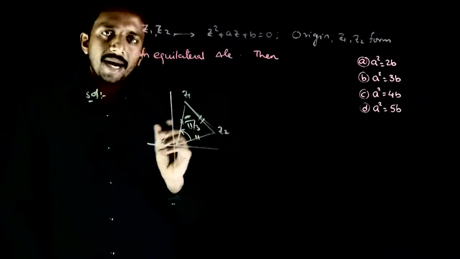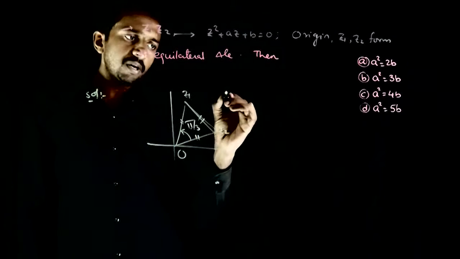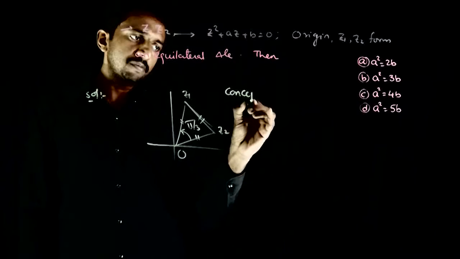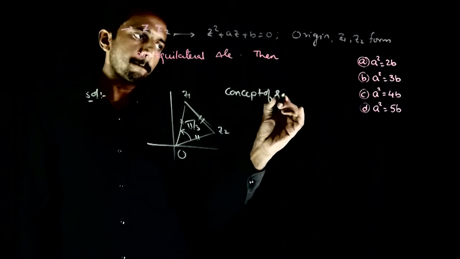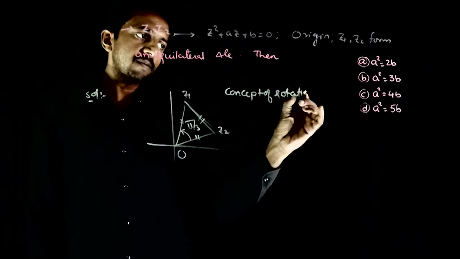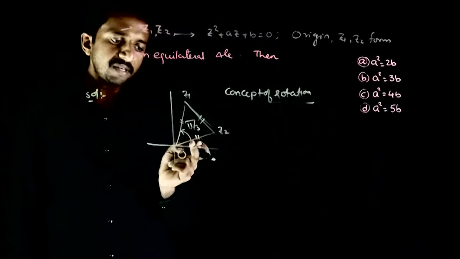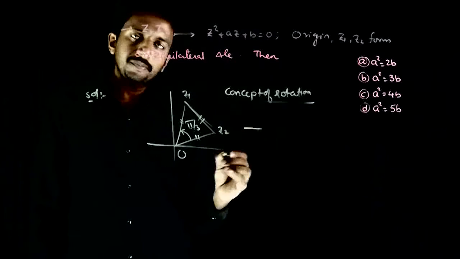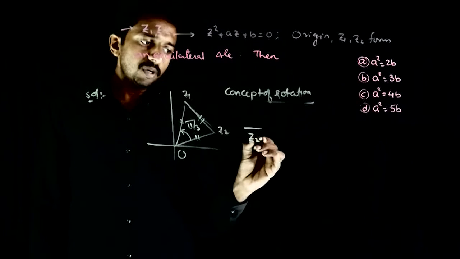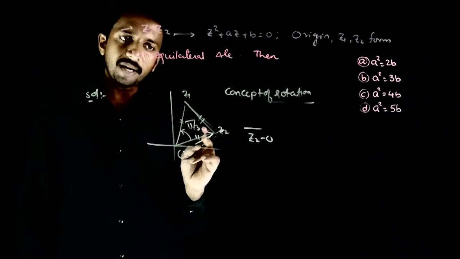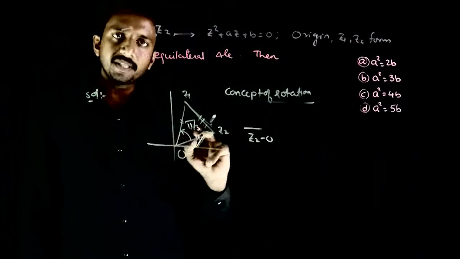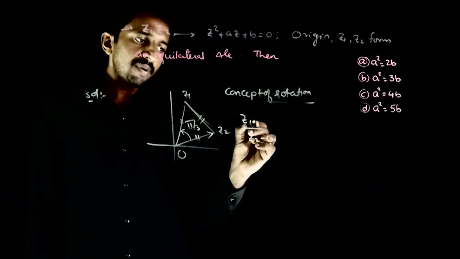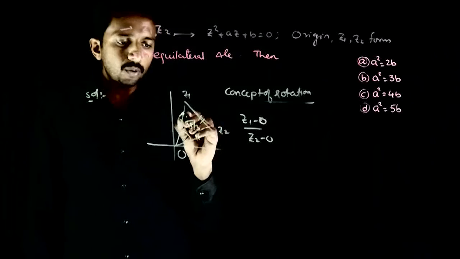So एक बहुत स्टैंडर्ड एनालिसिस है based on the concept of rotation. ठीक है. So we have seen that this angle is nothing but π/3. So z2 minus 0, this vector z2 minus 0 represents OZ2, z1 minus 0 represents OZ1.